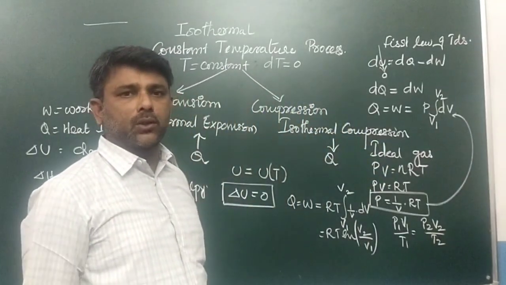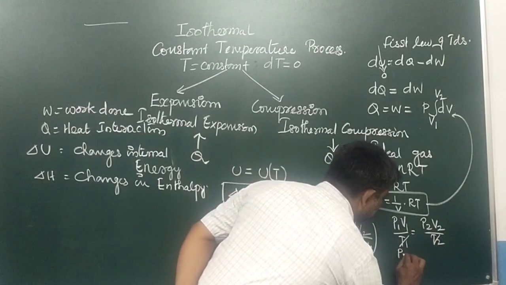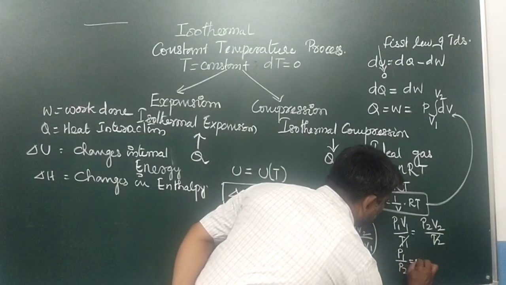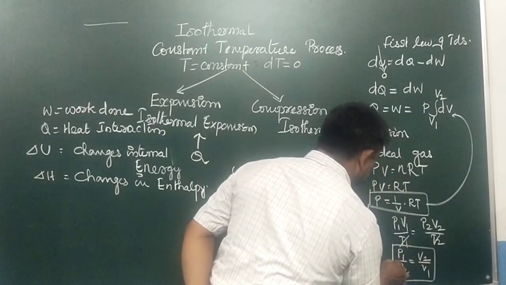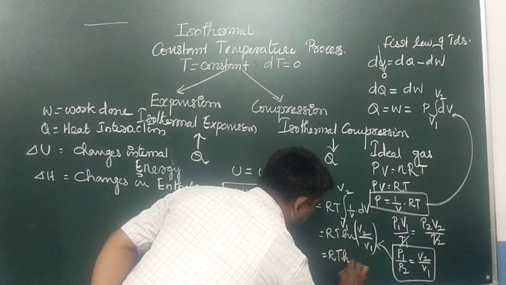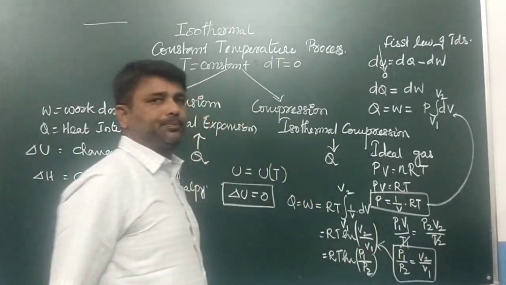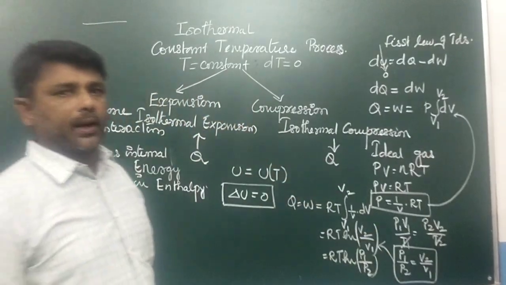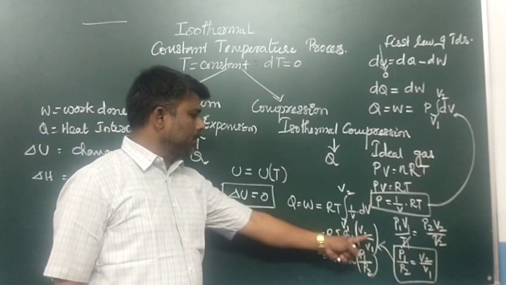Since the temperature is constant, T1 and T2 are equal. This equation becomes P1 by P2 is equal to V2 by V1. Now I substitute this here. The final equation is RT ln P1 by P2. Clear? Heat and work interaction based on pressure. Heat and work interaction based on volume.